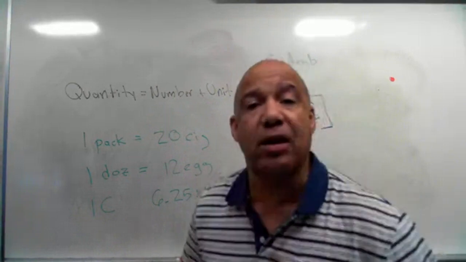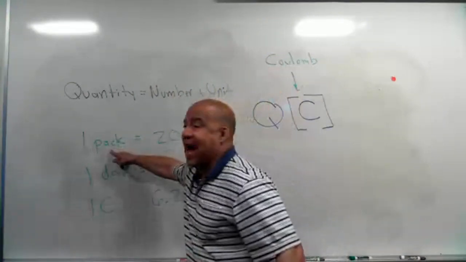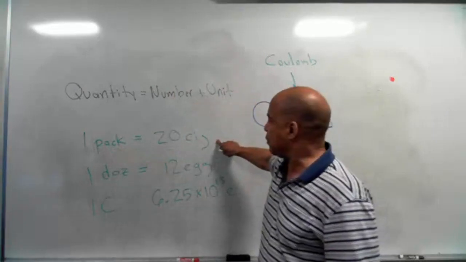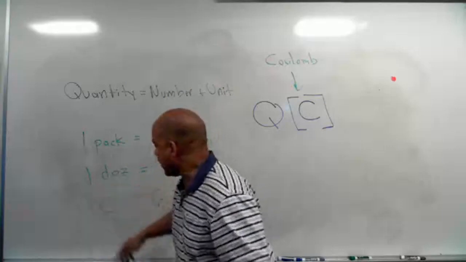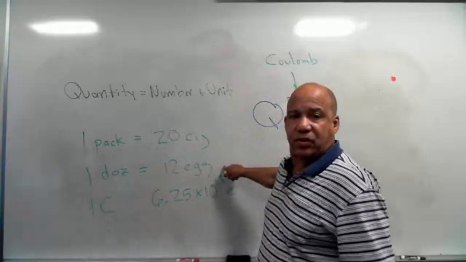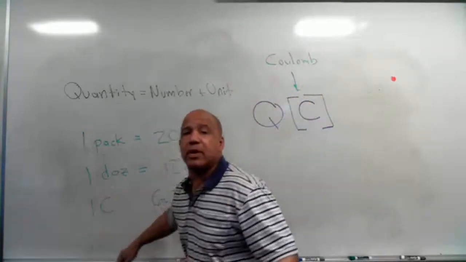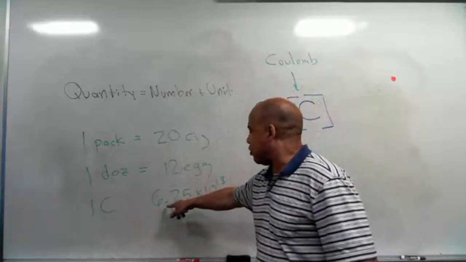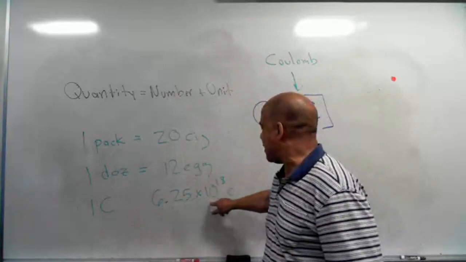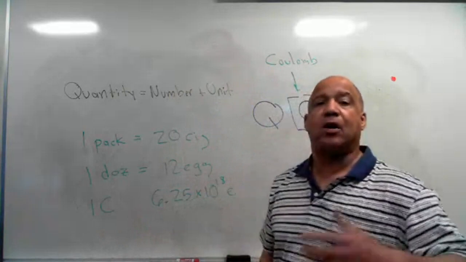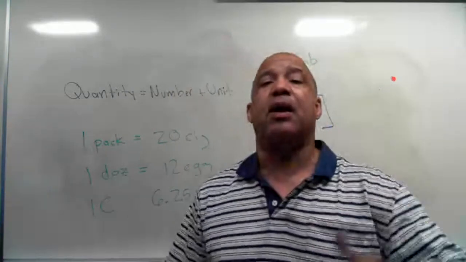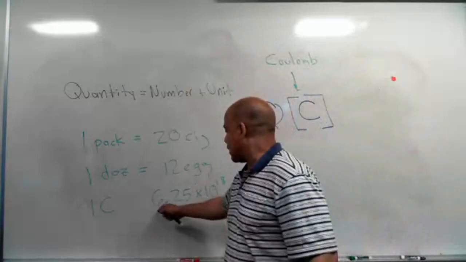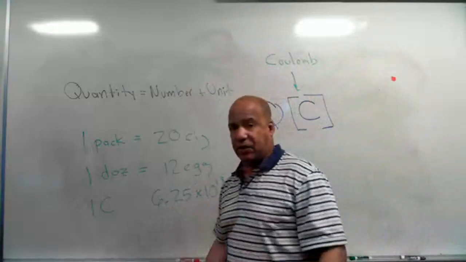A coulomb is an amount of something. A pack, that's the number of cigarettes, 20 of them. A dozen, that's the number of eggs, 12 of them. A coulomb, that's the number of electrons. We package the coulombs as 6.25 times 10 to the 18th electrons. So 1 coulomb is equal to 6.25 times 10 to the 18th electrons.